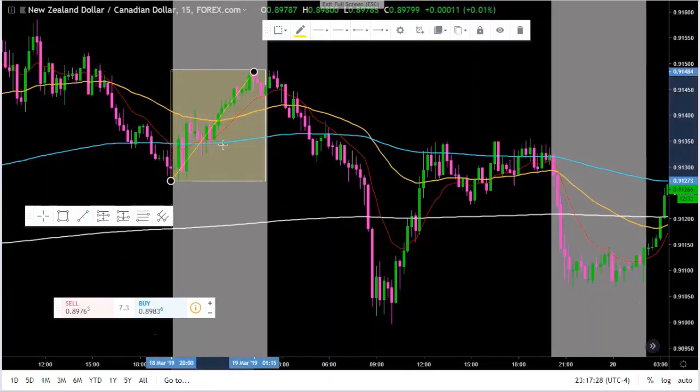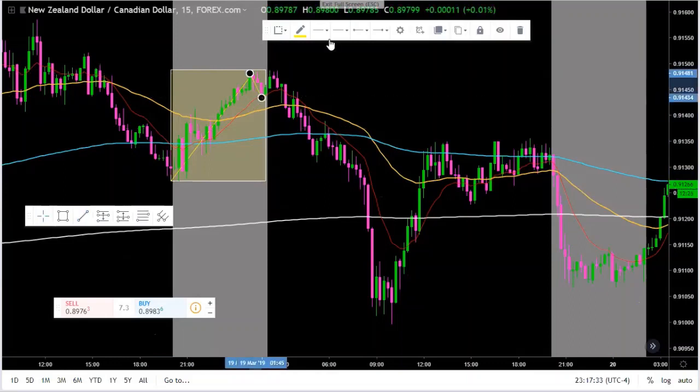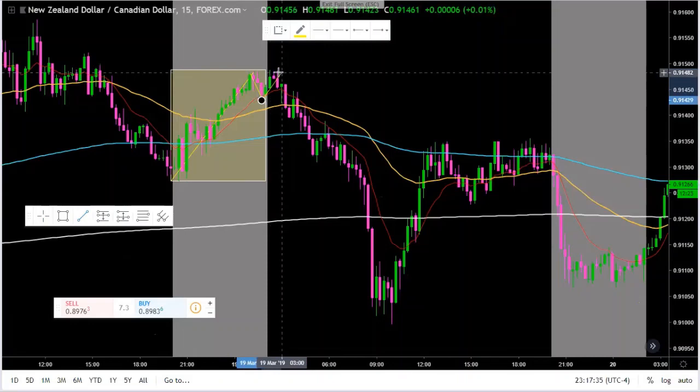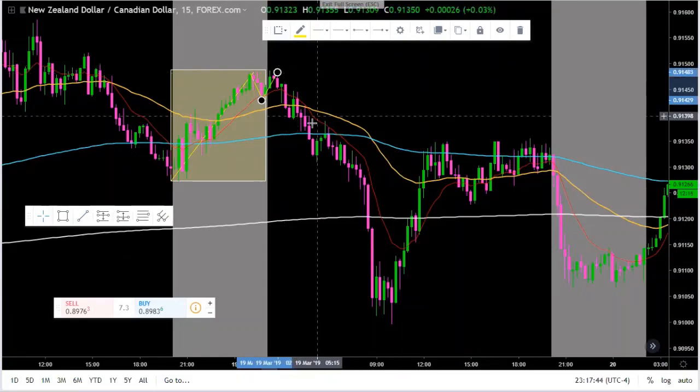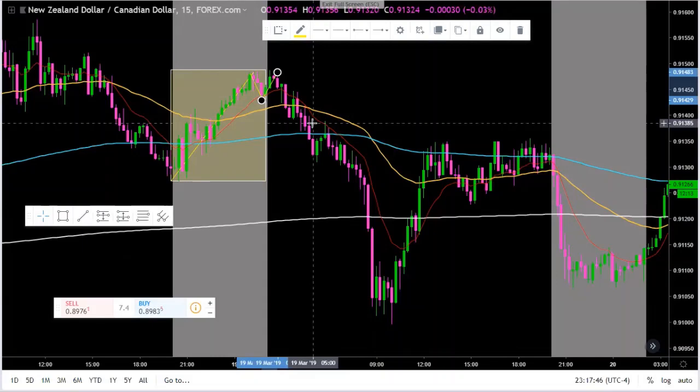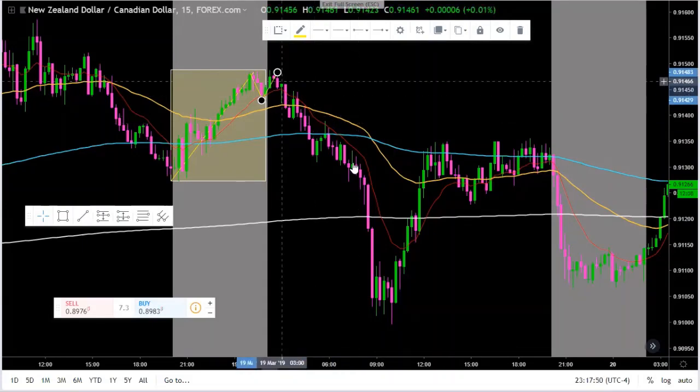I don't trade all day looking for M's and W's. I only trade it right out of the Asian session. So I would have an M right here, right at the top of the session. And this will be the leg to go down.